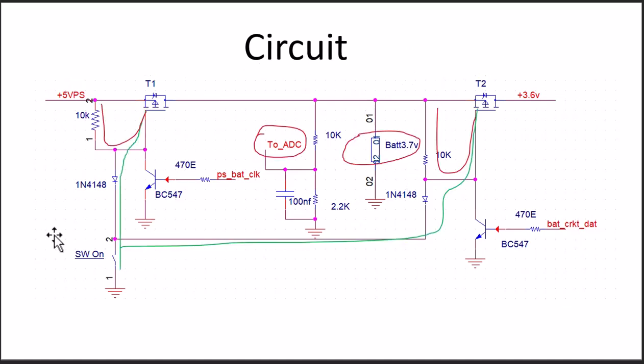Once we close this switch, both transistor collector points go to 0, or we can say that both MOSFET gates go to the ground or 0 potential. So it will switch on both T1 and T2.